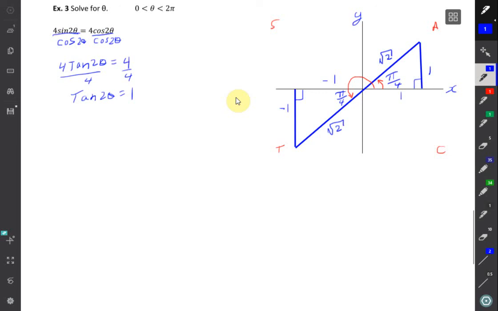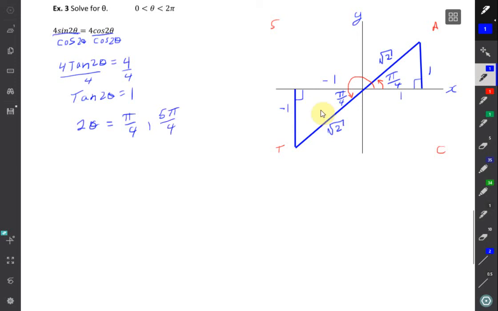Now in this case, we're doing 2 theta, remember? So 2 theta is equal to pi by 4. And looking here, this would be 4 pi by 4 to the negative x-axis and 1 more, so that's 5 pi by 4. Now at this point, I could have done it at the beginning.